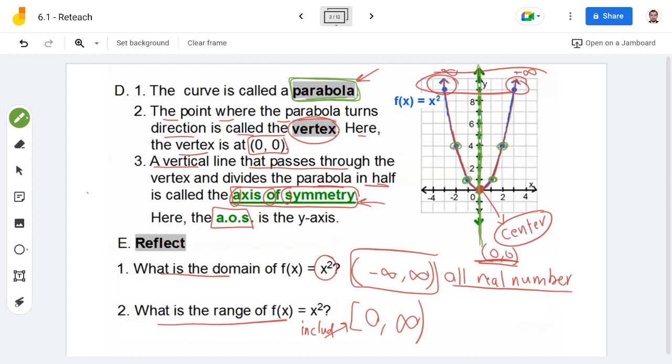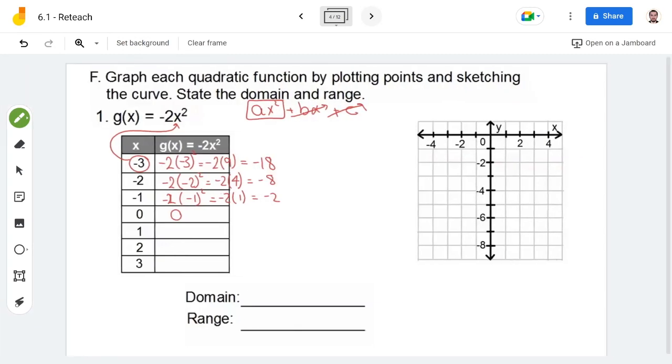If you calculate the distance, here the value is 1, here 4, here 9. If it's 4 here, it should be 4 here. If it's 1 here, it should be 1 here. Same thing, 9 here, 9 here. Because we have negative 2 here, the answer here should always be negative 2. If the answer here is negative 8, this one also should be negative 8. If this one is negative 18, this one should be negative 18.